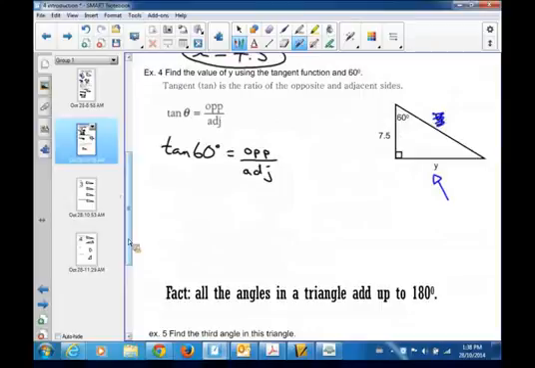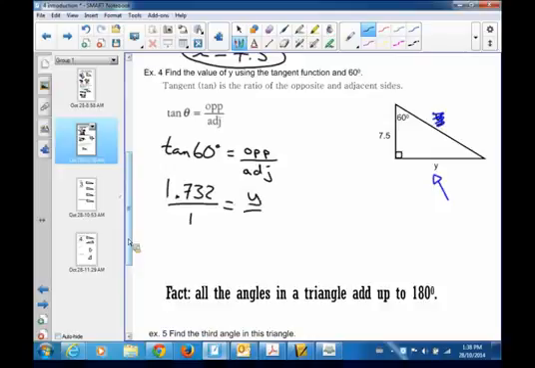So you got 1.732? The opposite was the letter y, the adjacent was 7.5. When you multiplied it out, you tell me you got 12.99.